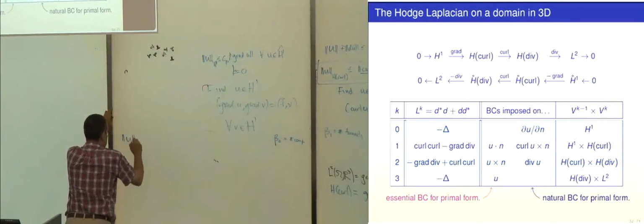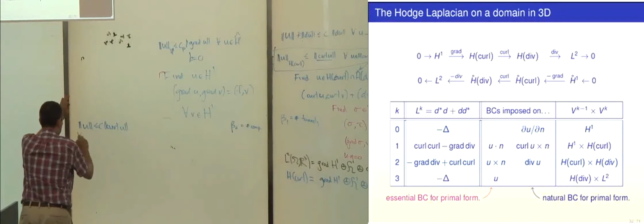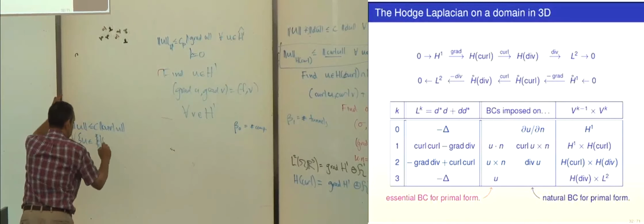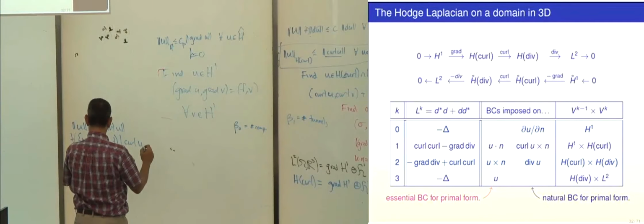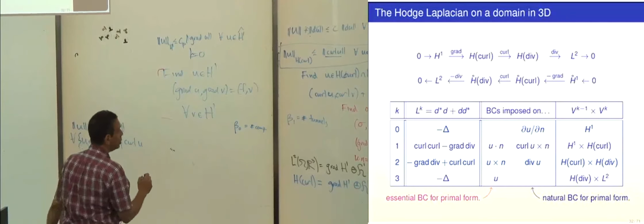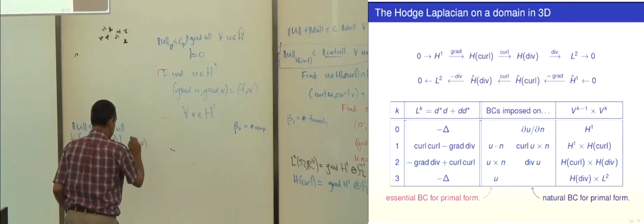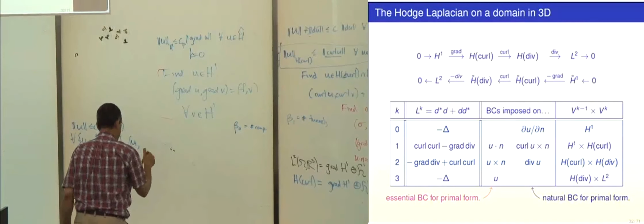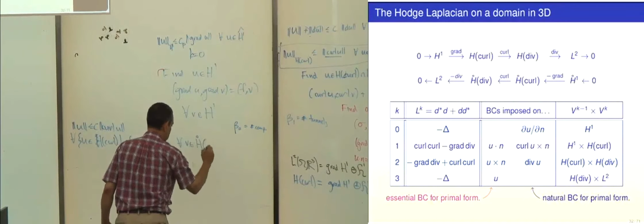So it's that U is bounded by curl U for all U in H curl such that the integral of U curl V equals 0 for all V in H0 curl.